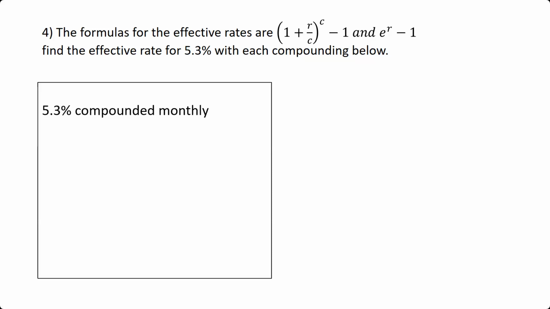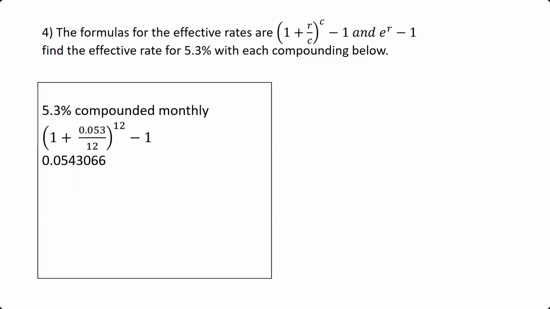Now you want to round the percent to the 100th. Remember, when you're getting this value, it's a decimal. So when we plugged it in, you should get something close to 0.053. It'll be close to that, but it'll be a little bit larger.